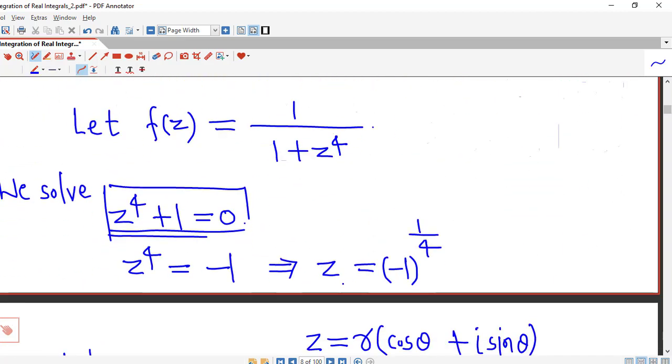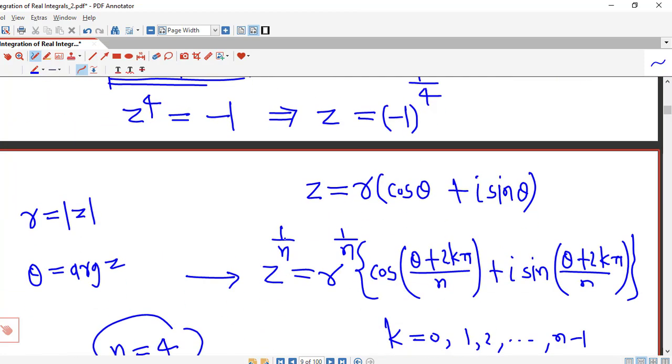And here to find the roots of the denominator, we are using the formula for calculating the nth root of a complex number.